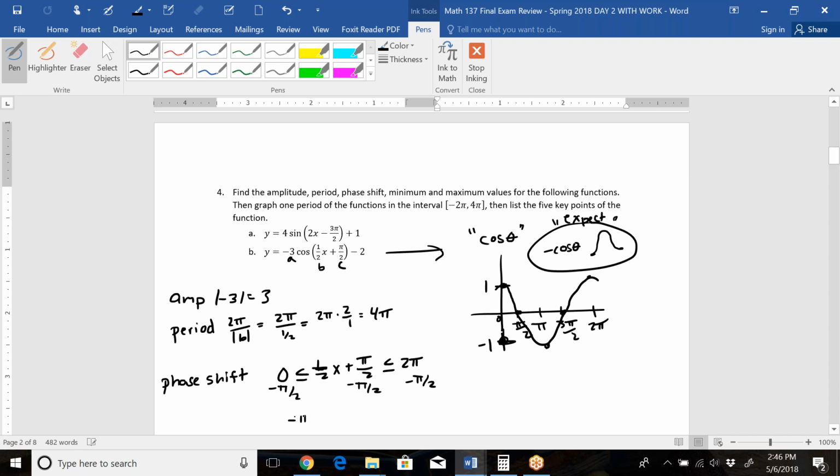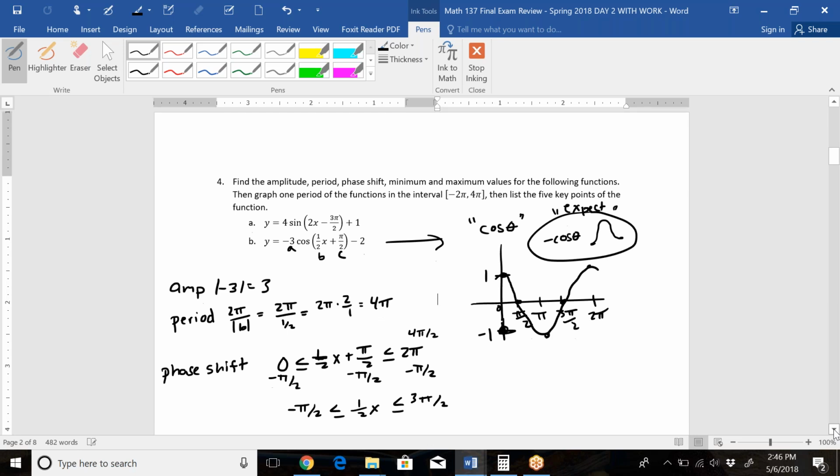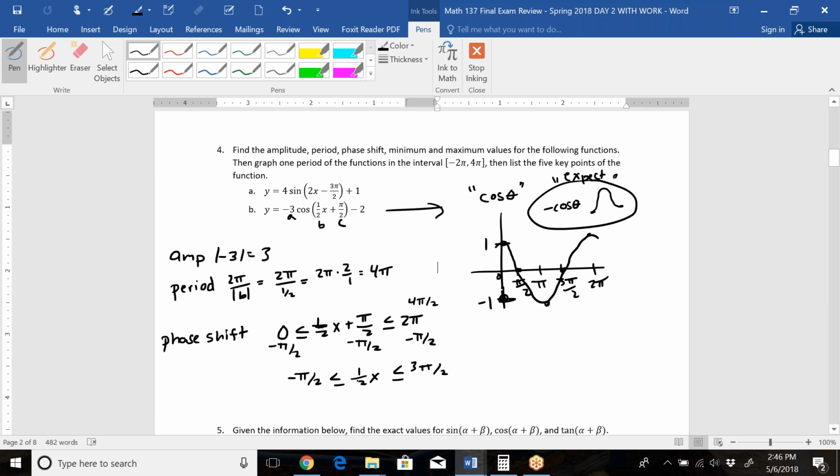So this is negative pi over 2 less than or equal to 1/2 x less than or equal to, this is 4 pi over 2 if we make it a common denominator, so this will be 3 pi over 2. And then we're going to be timesing everything by 2 to get rid of that part in the middle. So if we times everything by 2, this is negative pi, x, and 3 pi.